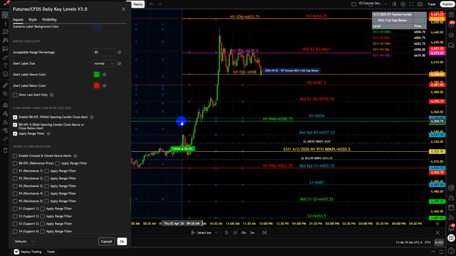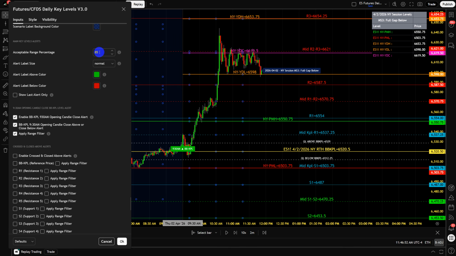So 85% of one standard key level would be right about here where this PMH level is for today. And above that is, of course, more than 85%, and then 100% would be right at the R1 level. So if this candle had closed somewhere above 85%, then there would be no label here. And that is your clue that it closed outside of the acceptable range.